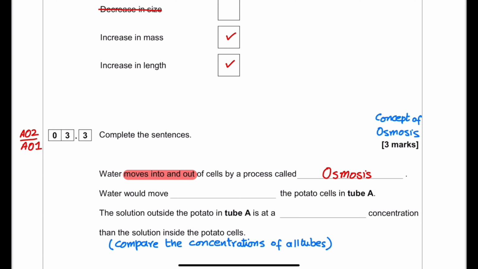This is regarding tube A, so it means the water is moving into the potato cells. Therefore, the size and the mass of the potato cylinder will increase.